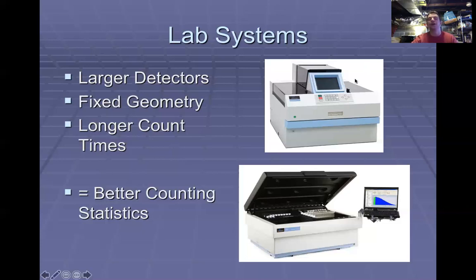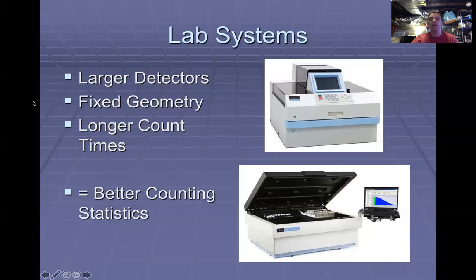Whereas most other detectors, that radiation has to pass through something before it's counted. And in the case of very, very low energy radiations, if they have to pass through something, there's a good chance that they won't be counted. A classic example is tritium. Tritium is an incredibly low energy beta emitter, to the point that no handheld instrument is going to be able to detect it. A GM can't detect it.